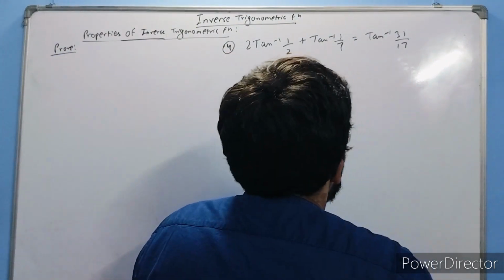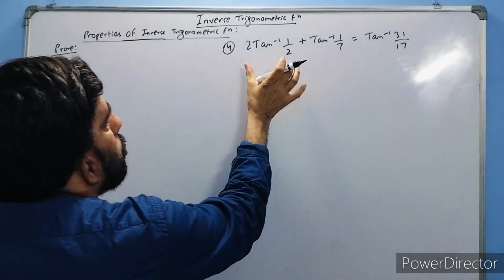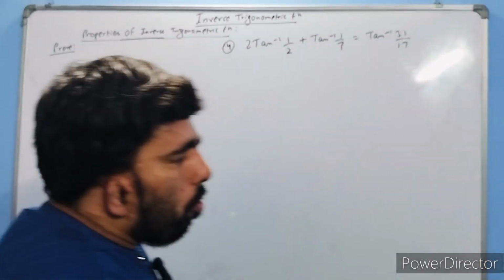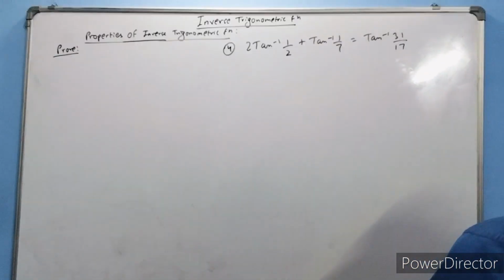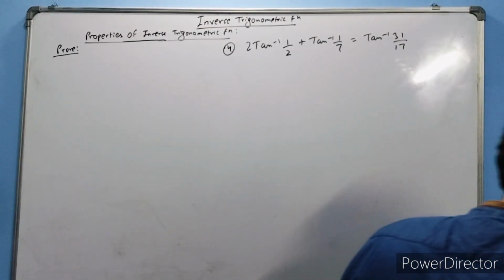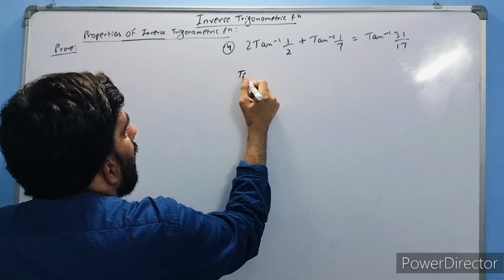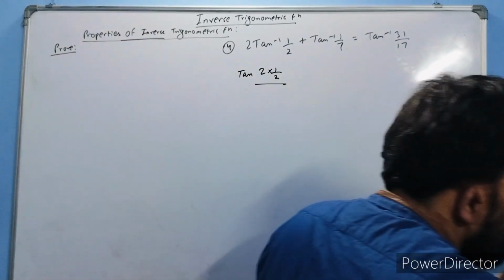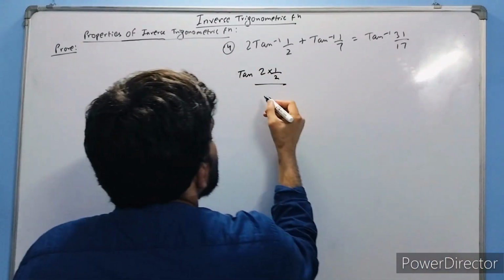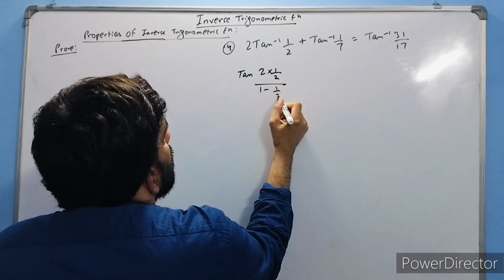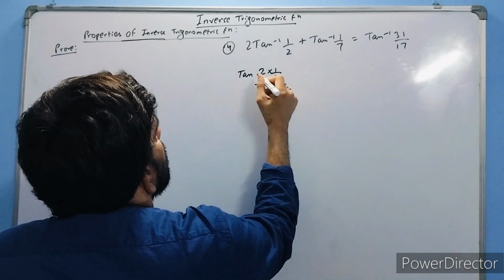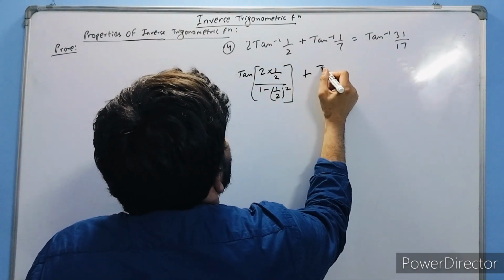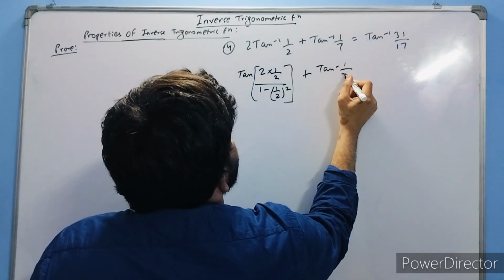So now what do we have to do? First we need to solve this. We need to put the value of 2 tan inverse x. So we have the formula here: tan inverse of 2x upon 1 minus x square. Then we have tan inverse 1 upon 7.